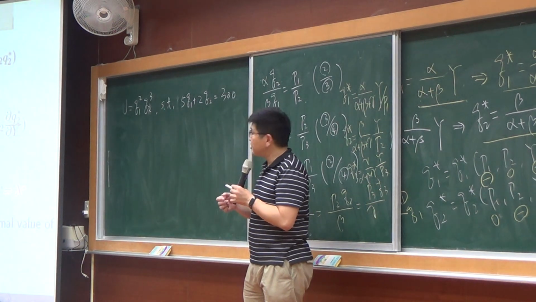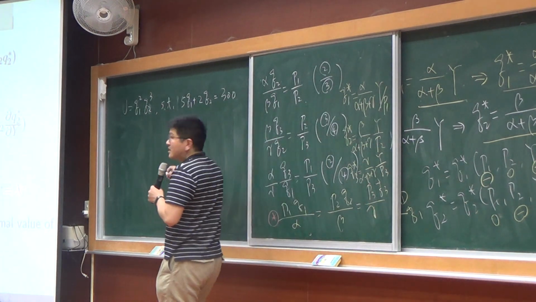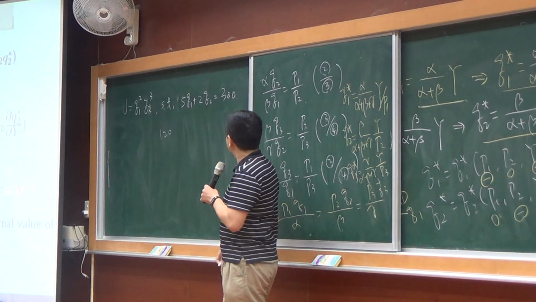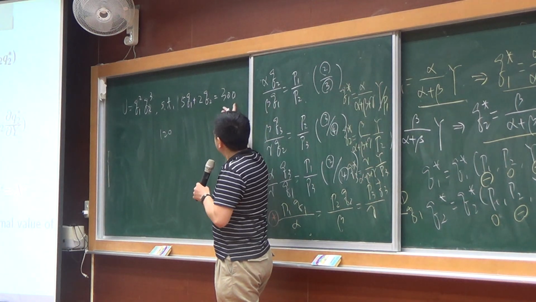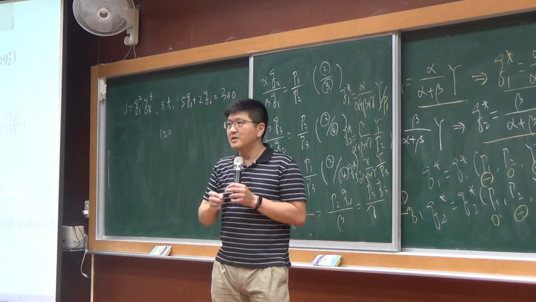So the total expenditure on good 1 would be 120, right? Because you divide $300 by 5.